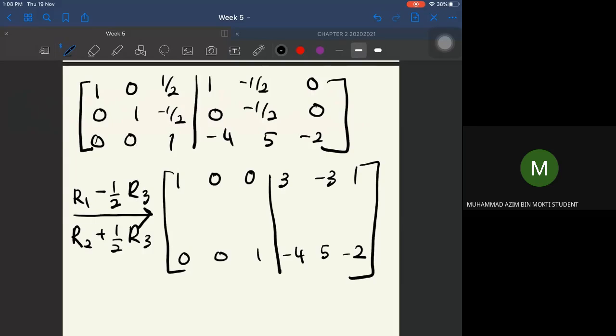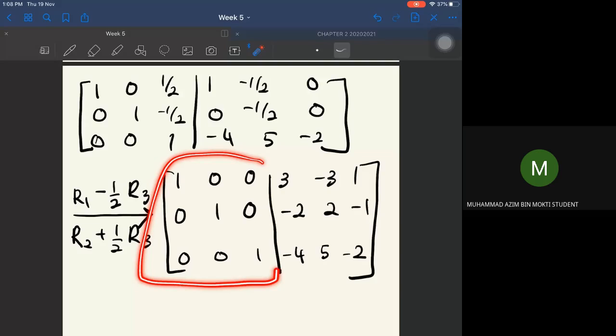And if we use this operation to change this one to be 0, you will end up with 0, 1, 0, negative 2, 2, negative 1. So kita dah boleh stop. Macam mana saya tahu kita dah boleh stop? Sebab dekat sebelah kiri kita dah jadi identity.